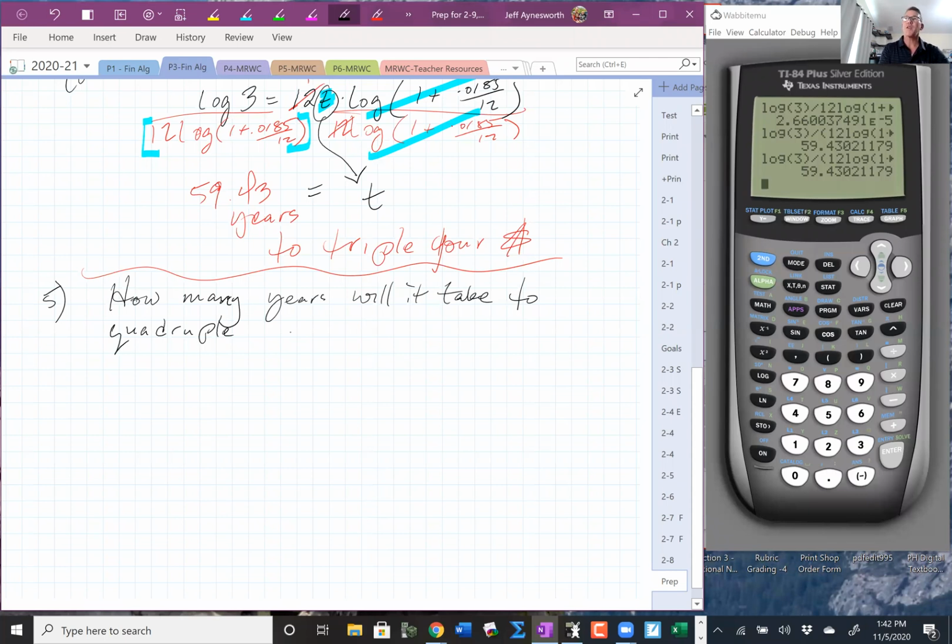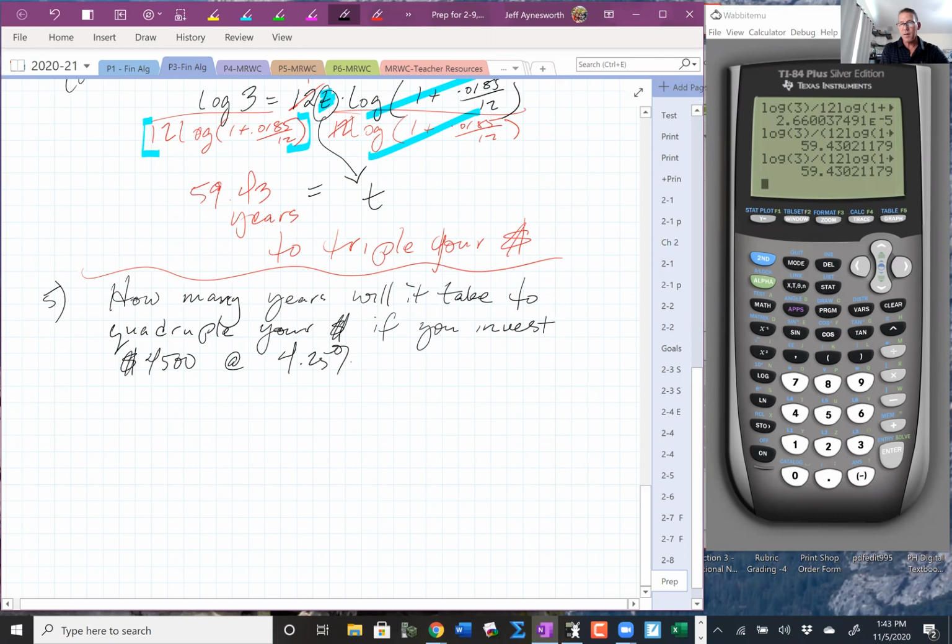Okay, just making sure you guys are correct. So in how many years will it take to quadruple your money? All right, if you invest, let's say $4,500 at 4.25% compounded continuously.